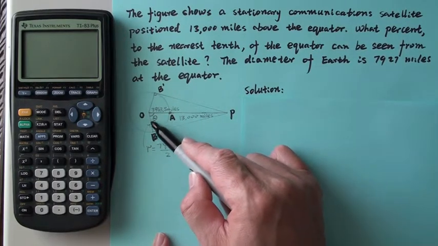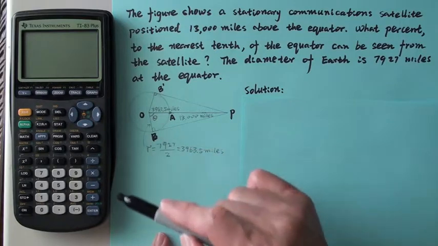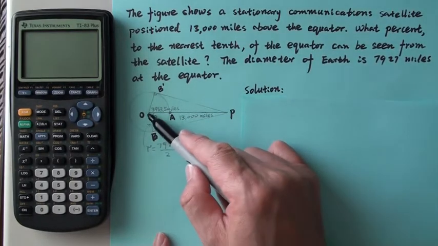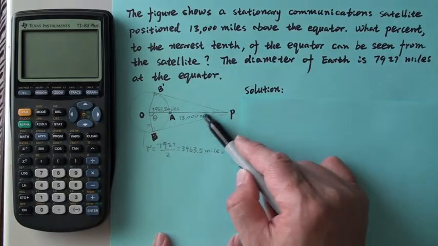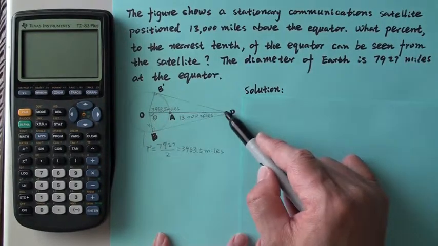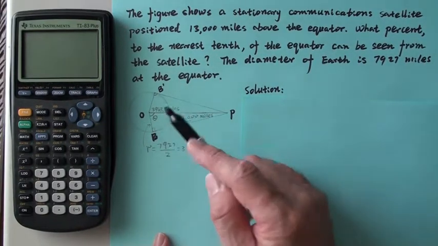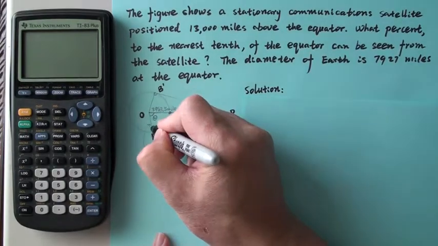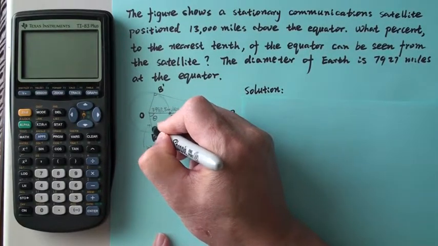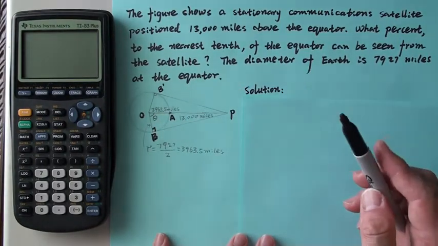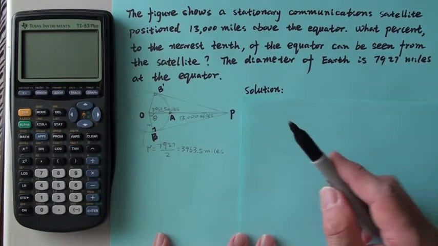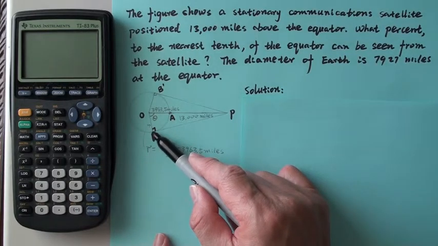If we look at the triangle OBP, this is a right triangle. Here is 90 degrees. That's the thing we want to be clear about.